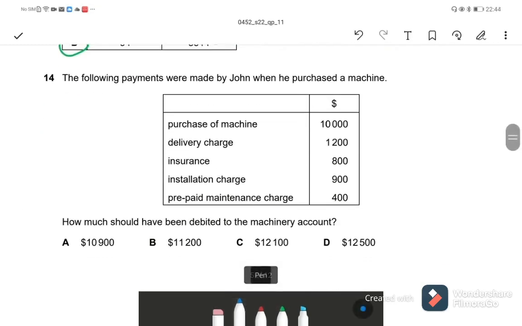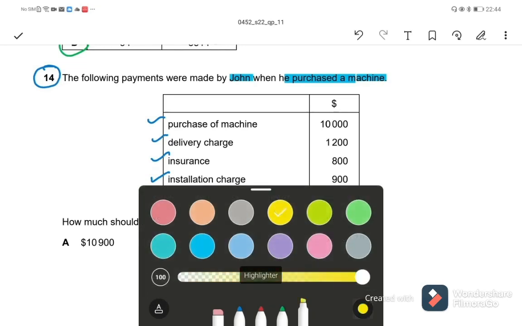Next, 14. The following payments were made by John when he purchased a machine. They are given the information: purchase of machine, delivery charge, insurance, installation, prepaid. What is the question?